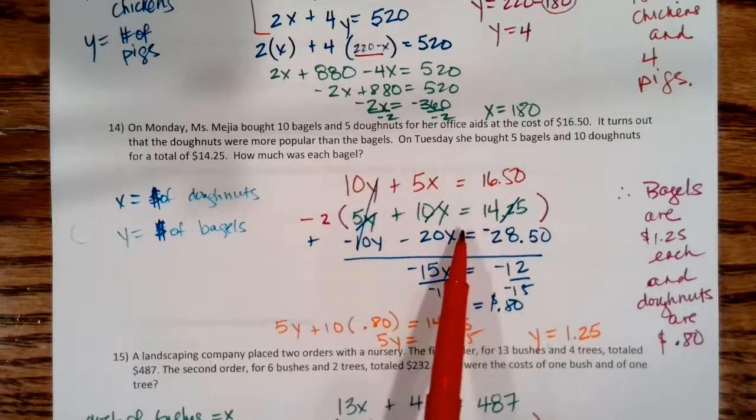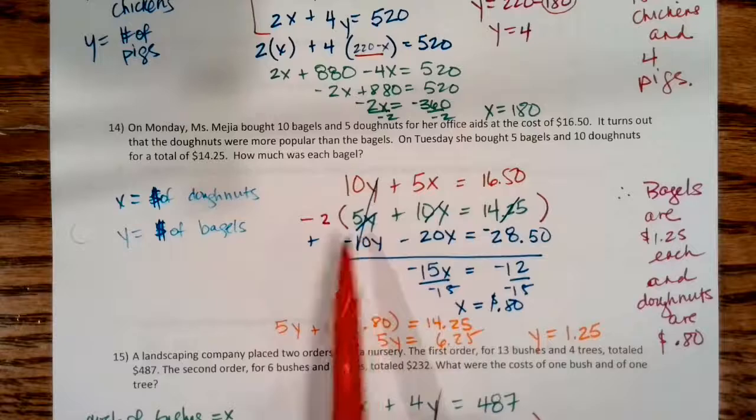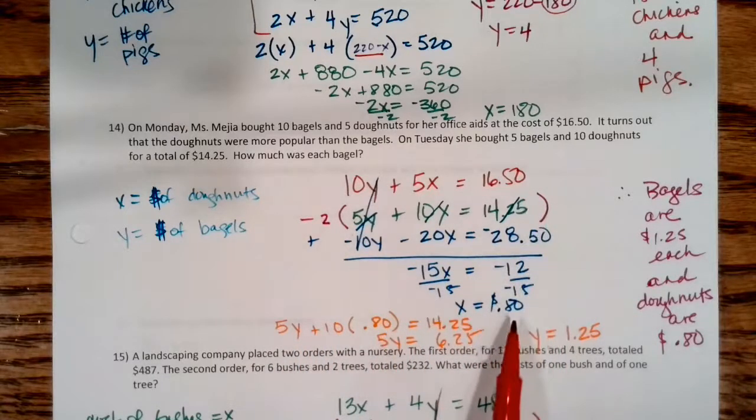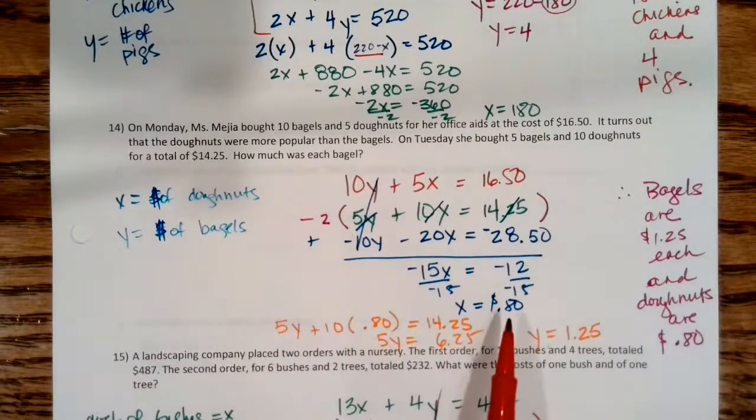I used elimination for this one. I multiplied the second equation, the green one, by -2 to get these new values here. And I was able to figure out that one donut is 80 cents. And then I solved back in and got my bagels are $1.25.